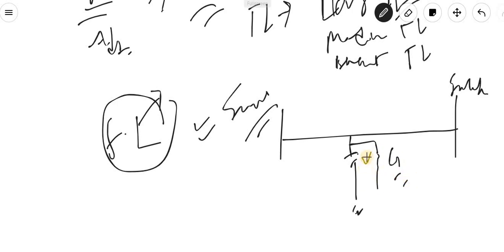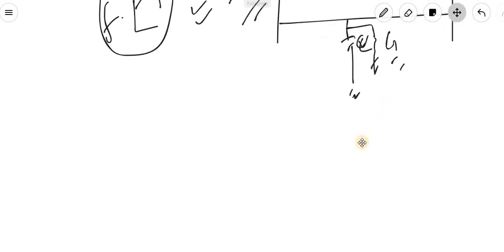That's why we have to study the capacitance for calculating the performance of the line. So we have to calculate the capacitance for a two-wire line.